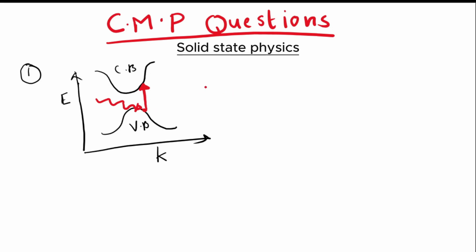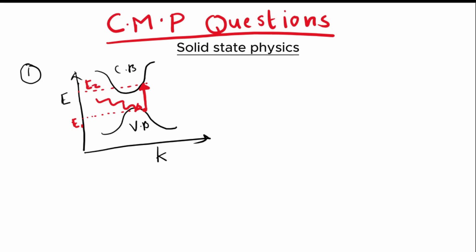Then he asked me to write the conservation laws for energy as well as momentum. Now, as we can see here, suppose the initial energy of the electron is E1 and the final energy is E2.